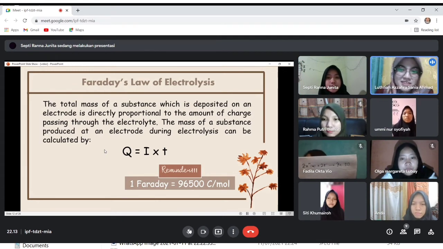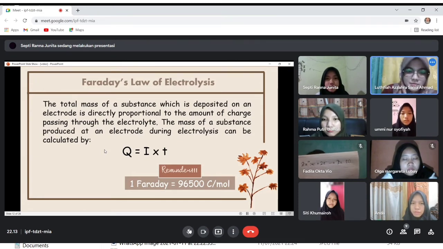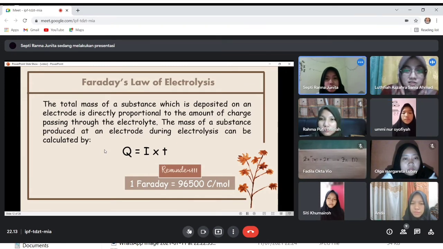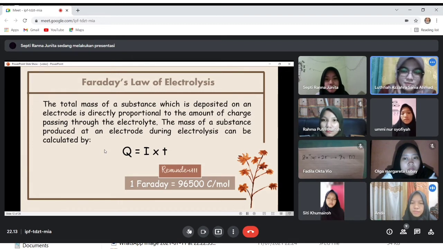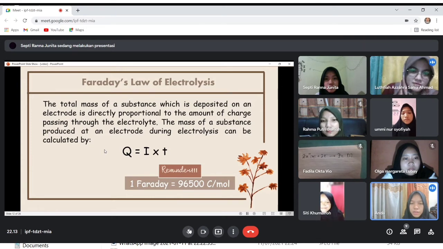So, how much is the electric charge carried by the electrons in the reaction? 1 Faraday, miss. Remember, how many coulombs is the value of 1 Faraday? 96,500 coulombs, miss.